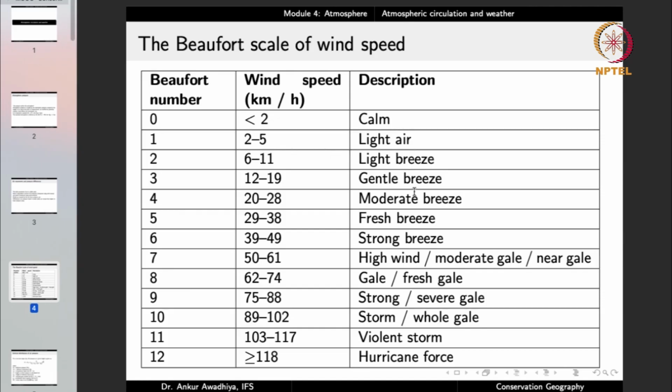Then we have gentle breeze, moderate breeze, fresh breeze, strong breeze, high wind, gale, strong gale, storm, violent storm, and a hurricane force. So, as the wind speed increases, we have an increase in the Beaufort number from calm to hurricane force. So, calm is the smallest wind speed and hurricane force is the largest wind speed.